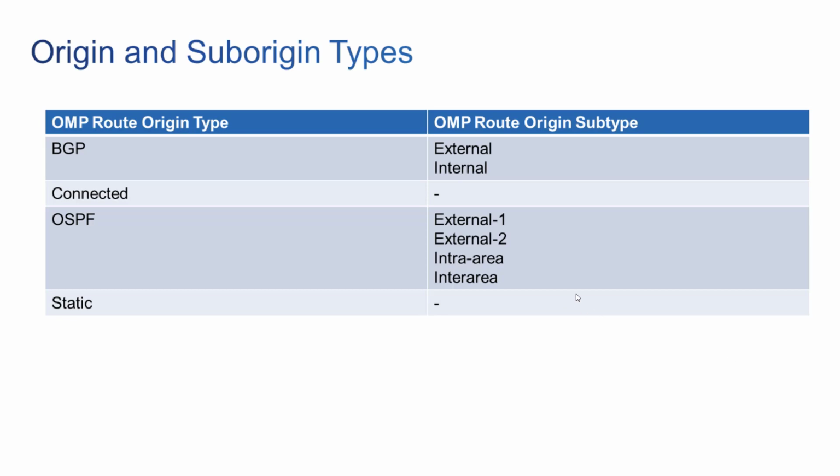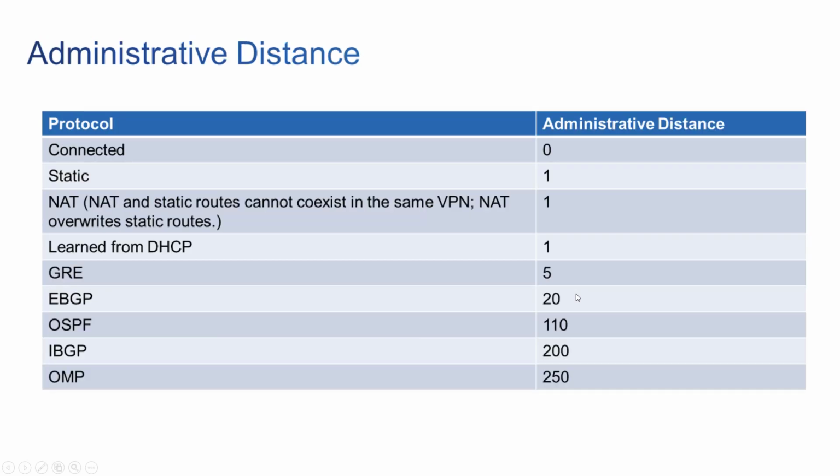Now, the next thing that we talk about is something that you're probably familiar with if you've dealt with routing protocols on a regular basis, and that is administrative distance. Administrative distance provides us the ability to specify the trustworthiness of the address information source, assuming that the information we're receiving is identical.